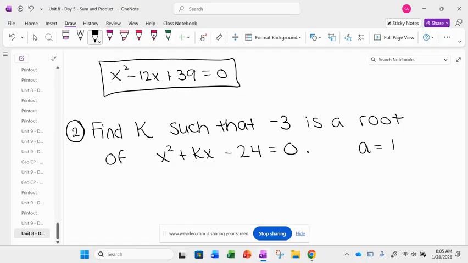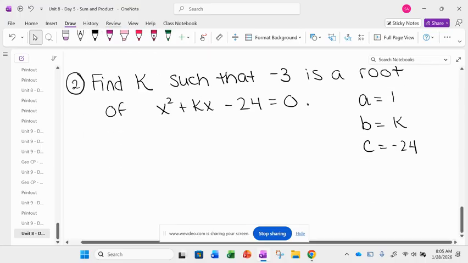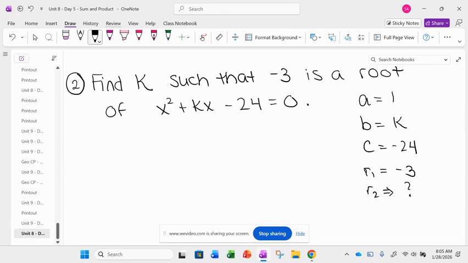So for this one, do we agree our a is 1, our b is k, which is what we want to find, and our c is -24? Yes, we agree? All right. Do we also agree root 1 is -3 and root 2, is it a question mark? We don't know what the other root is.